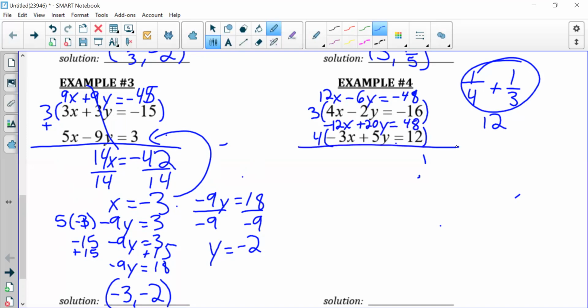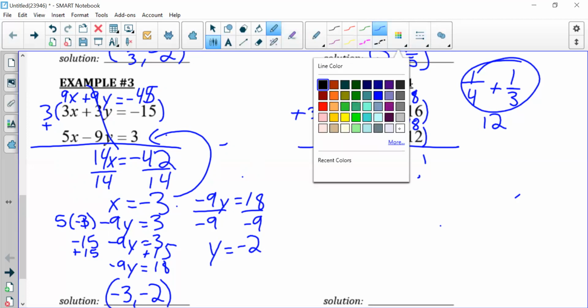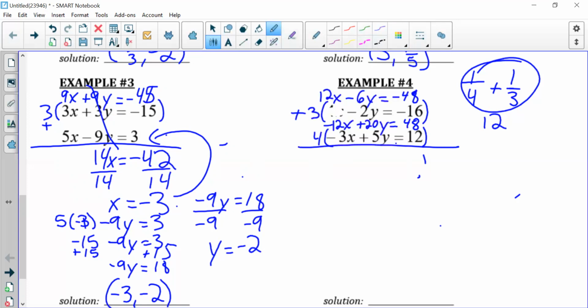Now I'm going to add these guys together. We're just looking at the blue. In fact, let me do this here real quick. We're going to temporarily white out our original equations here so they're not a distraction.